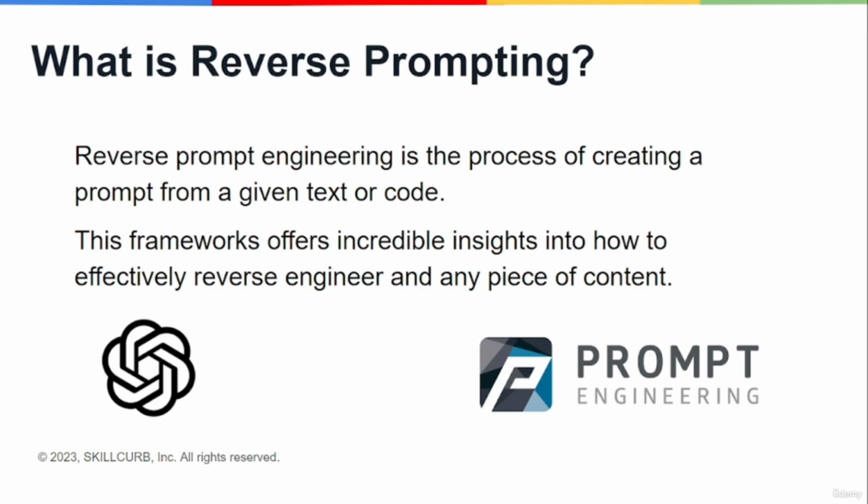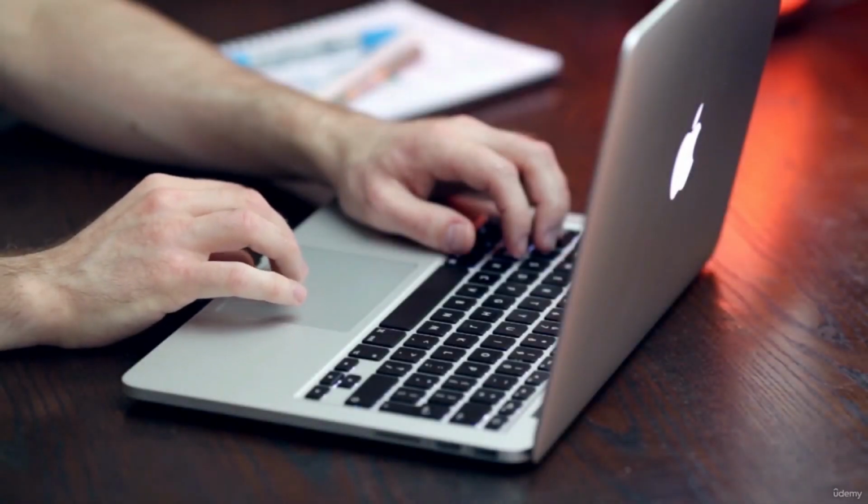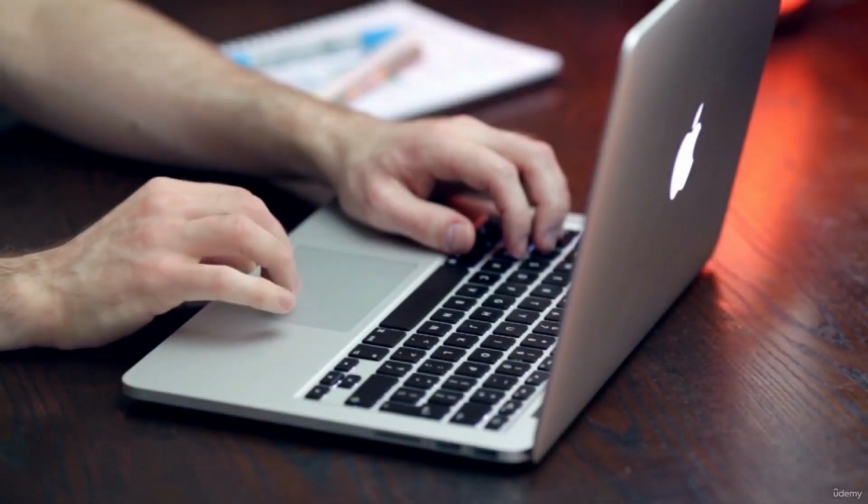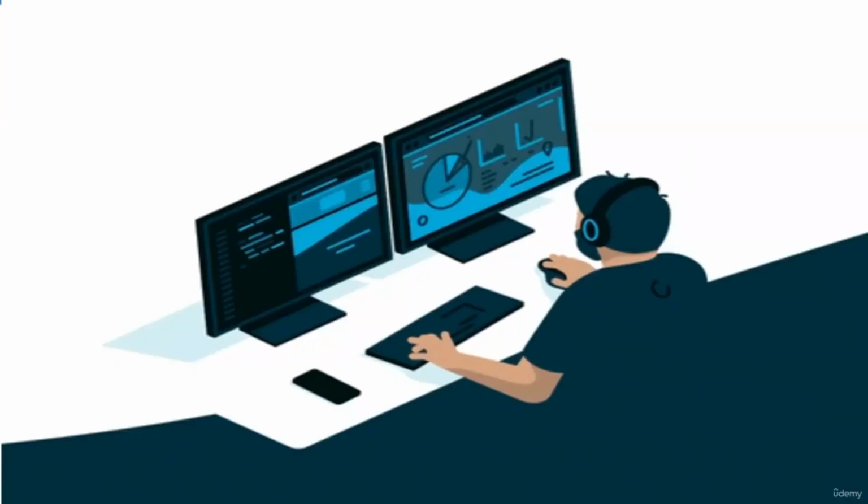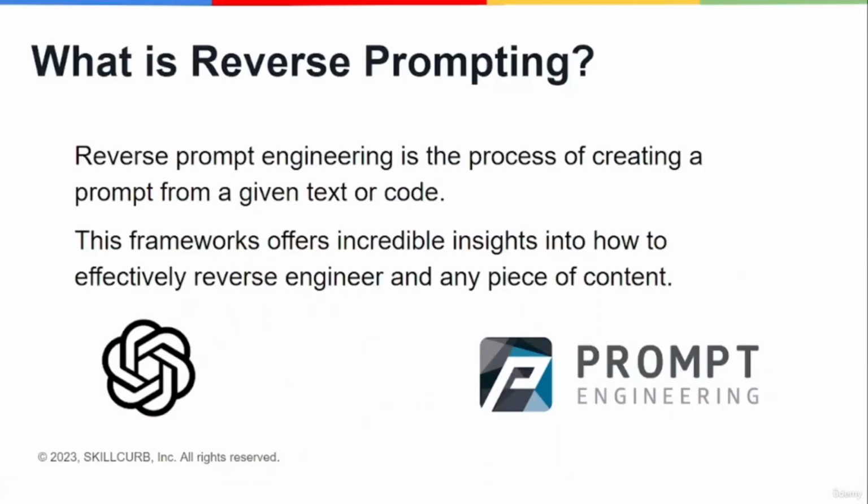We pick up any text or context from the internet, give it to ChatGPT, and ask what prompt it should have to get the exact output we are putting in right now. So this is basically a reverse process.